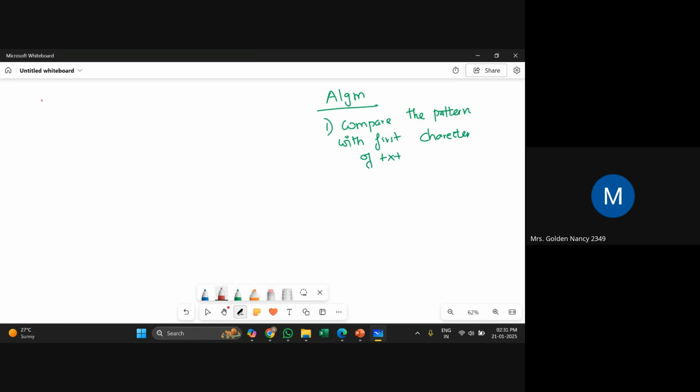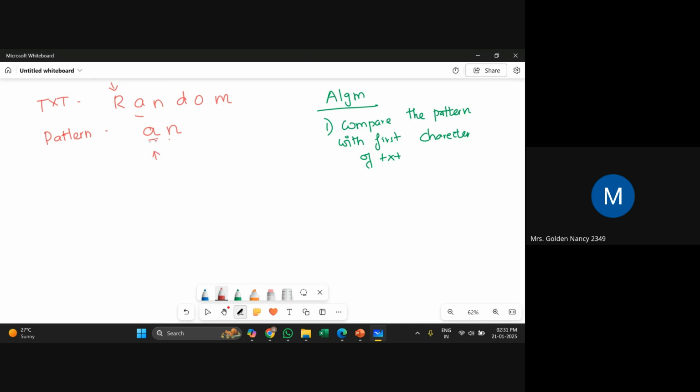The text is, and the pattern is A and N. I just want to compare this pattern every time with the text given. So there will be a pointer here and a pointer here.